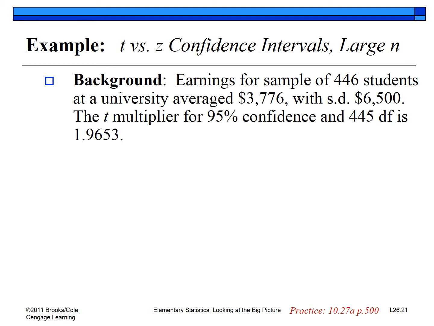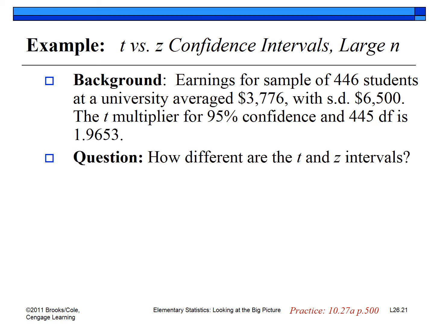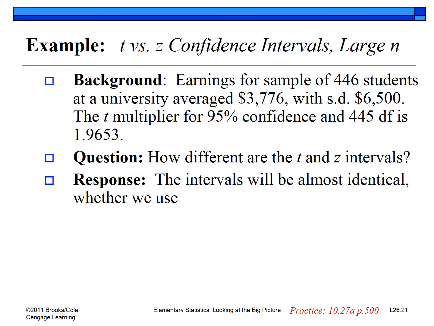If we look at the student survey data and look at earnings, which had an average of 3,776 and standard deviation of 6,500, the t multiplier for 95% confidence and 445 degrees of freedom is 1.9653. How different are the intervals now? Well, the t multiplier is 1.9653. The z multiplier is 1.96.